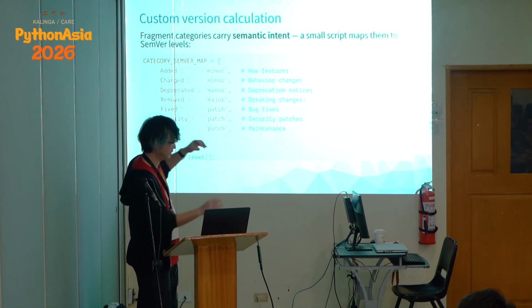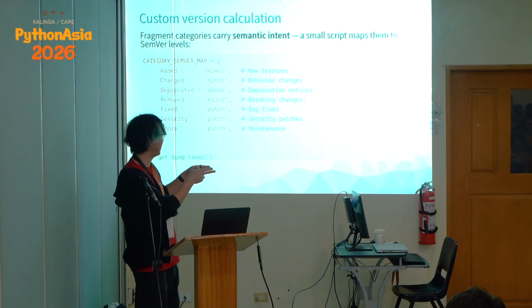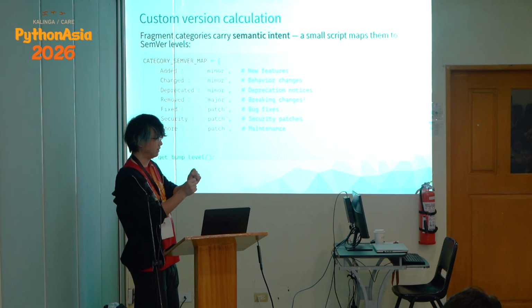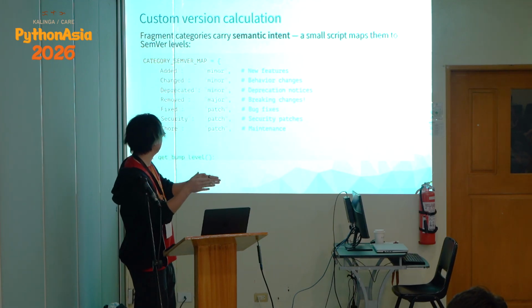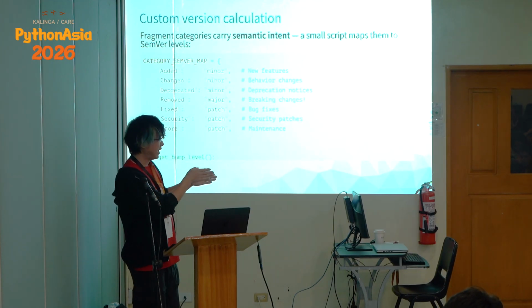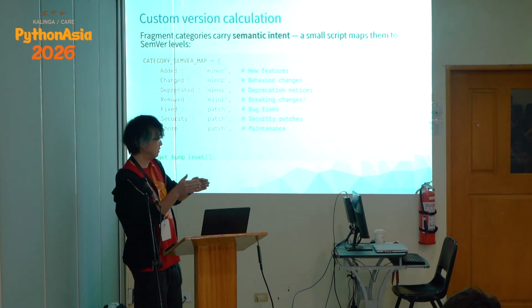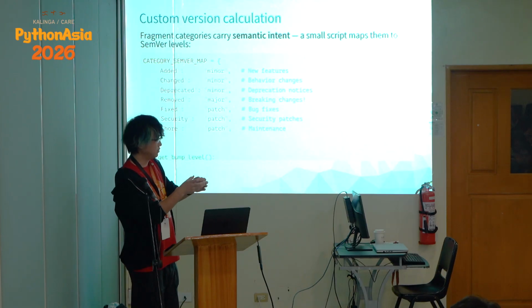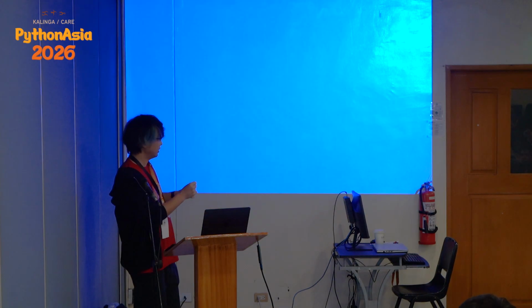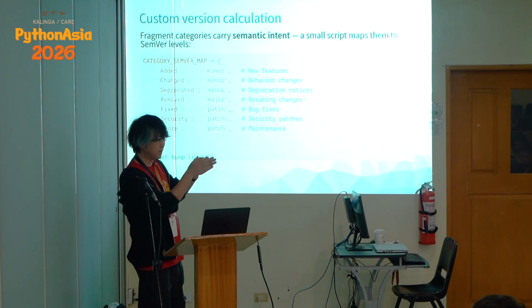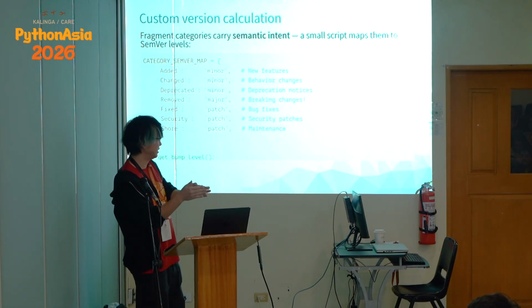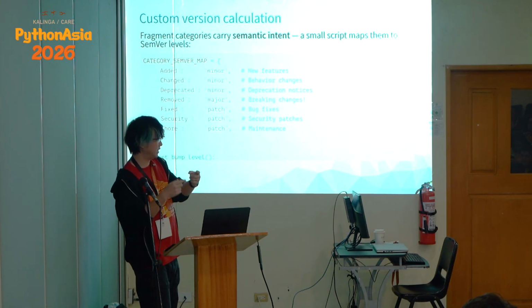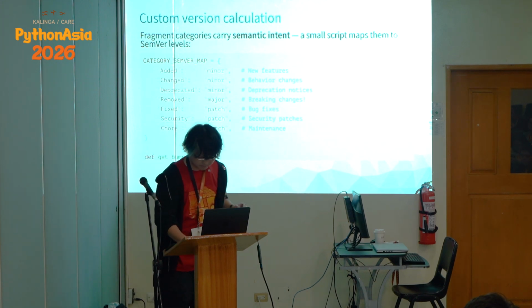If the fragment has an added change type, it's going to be considered a minor version bump. Changed type is mapped to a minor version bump, for example, but removed can be considered a breaking change. So the removed change type is going to be mapped to a major version bump because it represents something like a breaking change.